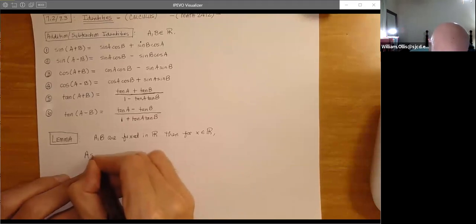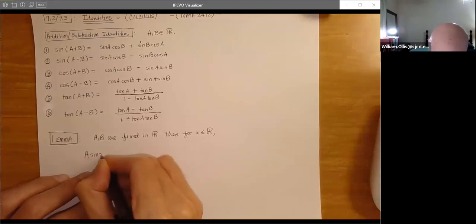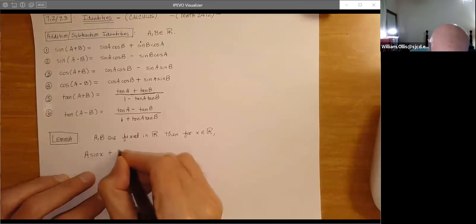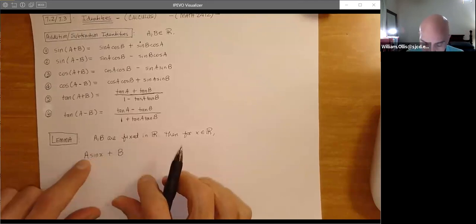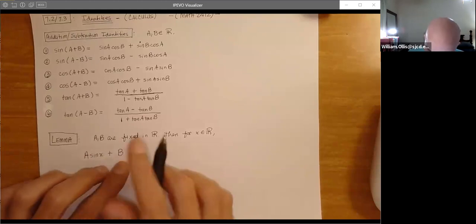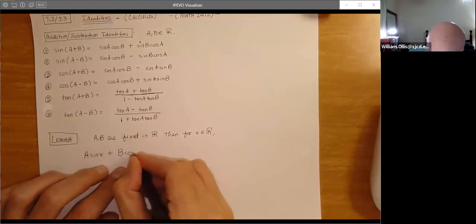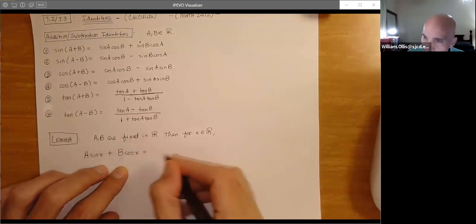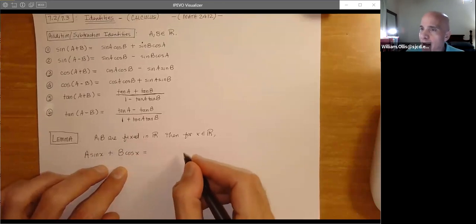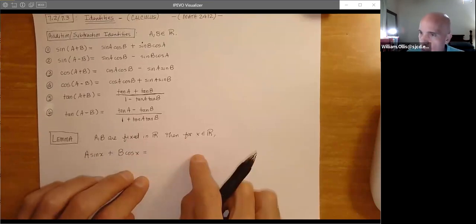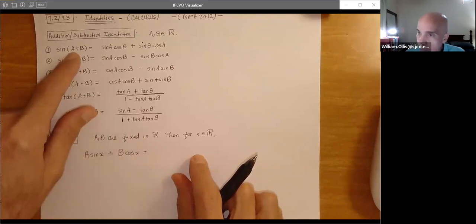So you say A times sine of x plus B times cosine of x. So you've got this coefficient times the sine function, and you have this coefficient times the cosine function. And it has a very Pythagorean equality on the other side with one of these functions here.